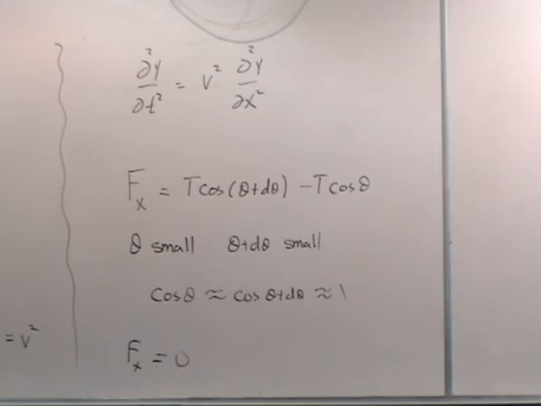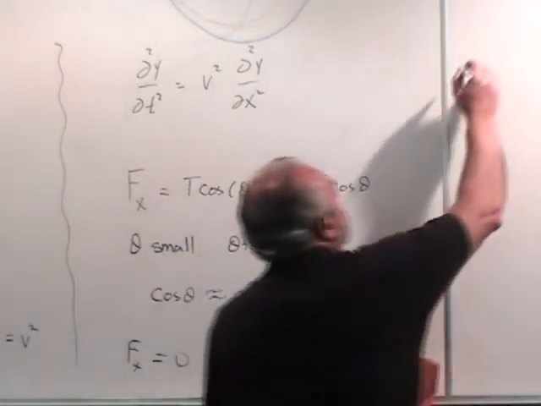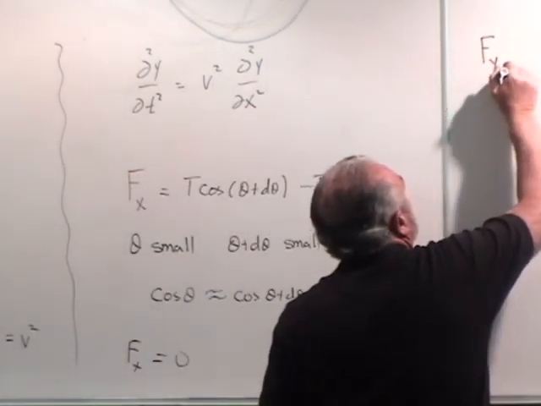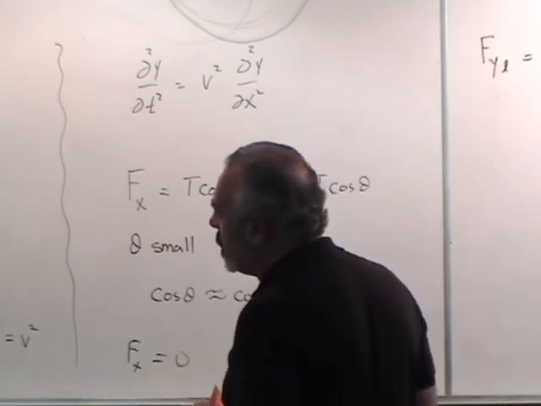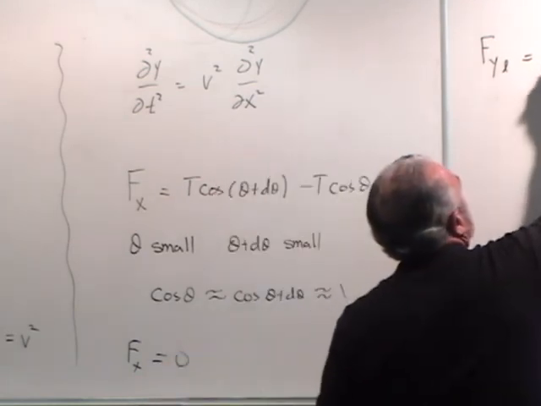But let's now look at the y direction. What about F in the y direction? Well, there are two forces in the y direction, there's a downward force here, and there's an upward force here. So if we look at what's going on from the left-hand side, we see that F in the y from the left is going to be downwards, minus T sine of theta.